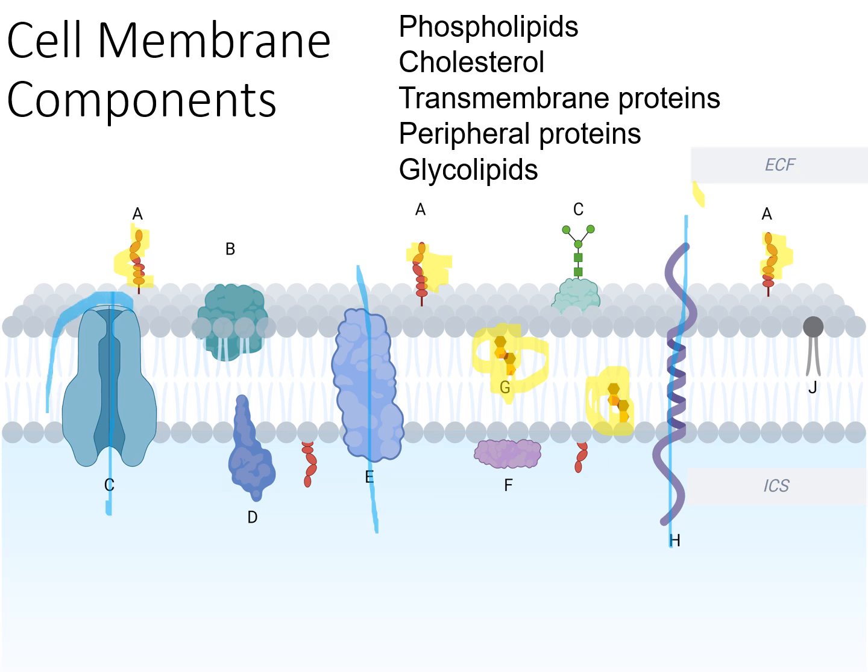This over here, C, this looks like it's got a channel through the membrane. And over here, H, this looks like an alpha helix. Transmembrane proteins, which span the entire length of the cell membrane.